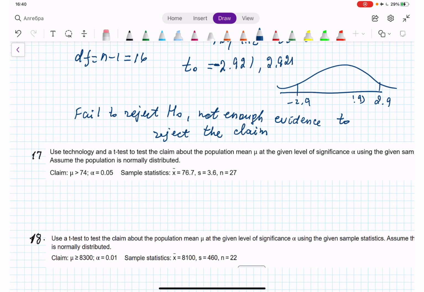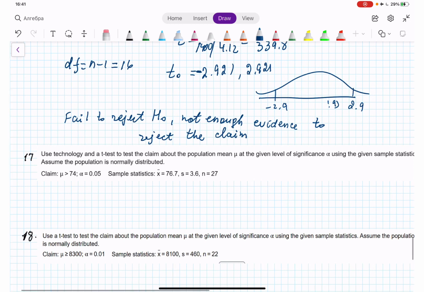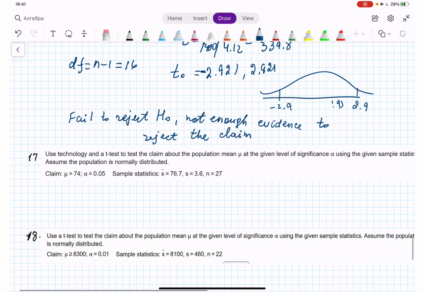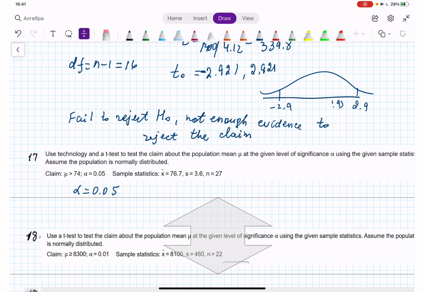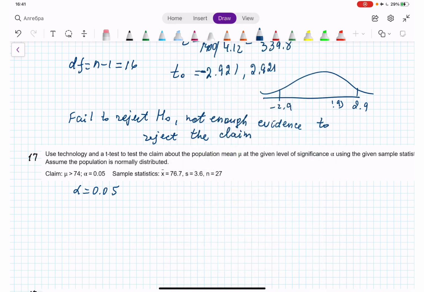Number 18. Use technology and a t-test to test the claim about the population mean at the given significance level. It's going to be the same thing. We have alpha equals 0.05. What else?